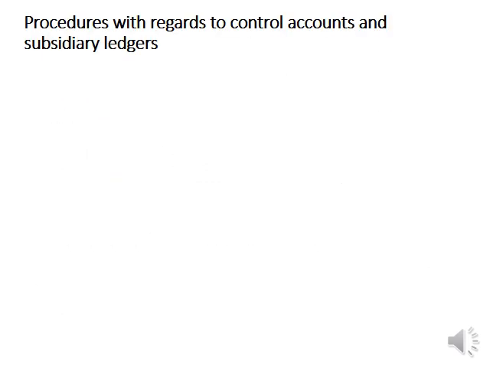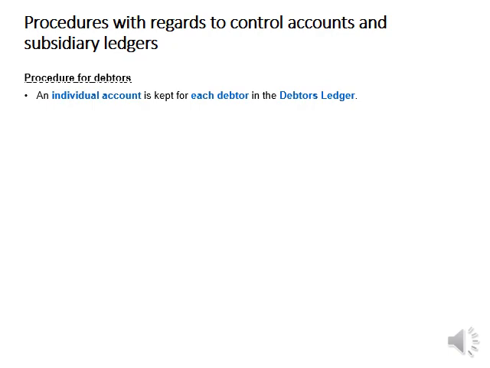Procedures with regard to the control accounts and the subsidiary ledgers. The procedures for debtors. An individual account is kept for each debtor in the debtors ledger. The debtors control account is a summary of all transactions with debtors. Remember, whatever happens in debtors control must also happen in the debtors ledger.